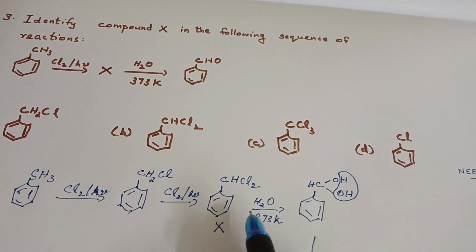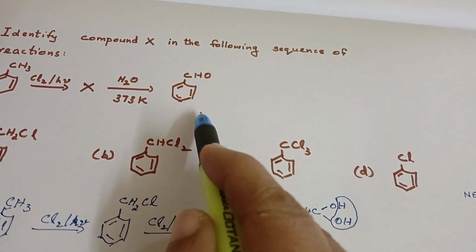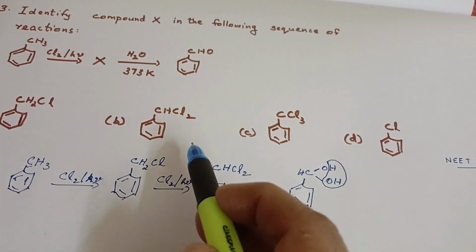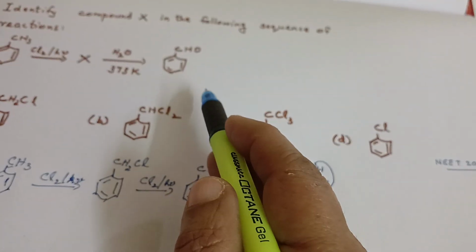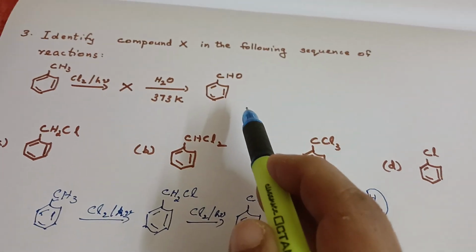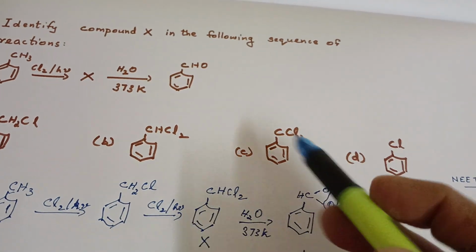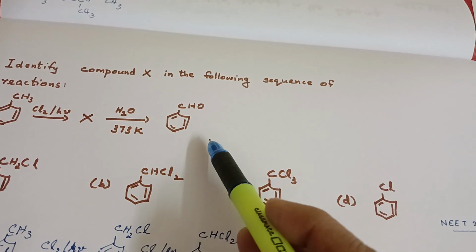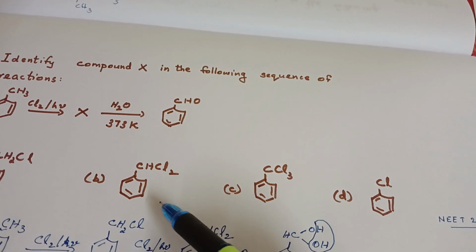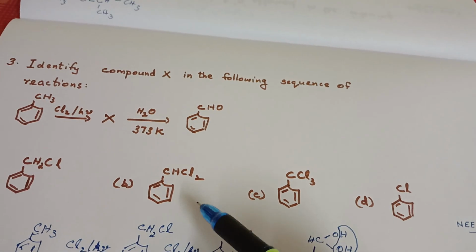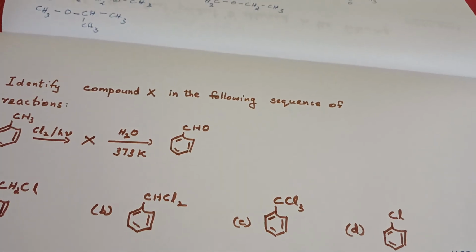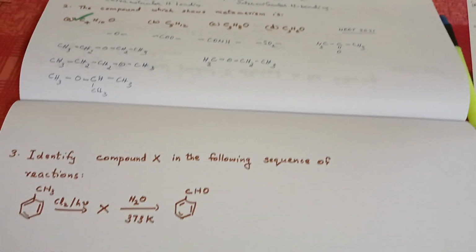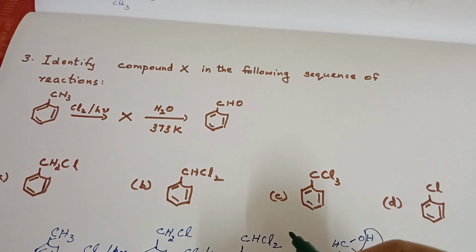That is benzaldehyde. That is the final product which you are getting. So if we are getting something else here, you will obtain a different product. If it was CCl3, you might get benzoic acid instead of benzaldehyde. So option B, that is CHCl2, is the correct answer. That is option B.